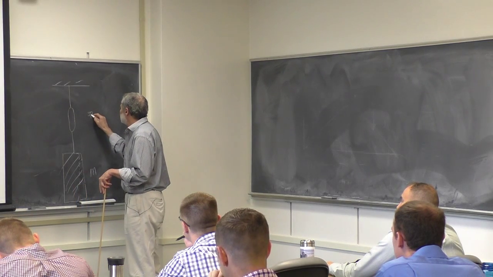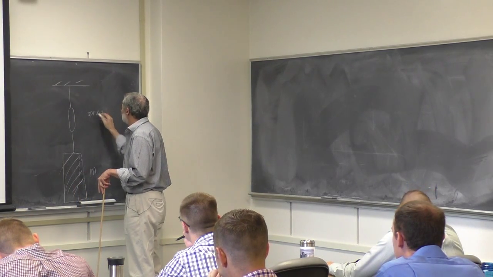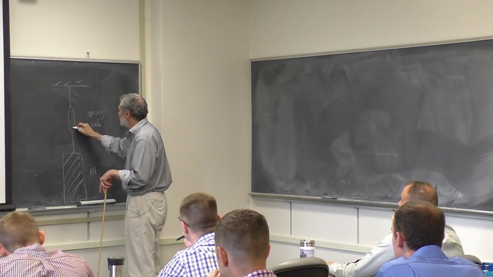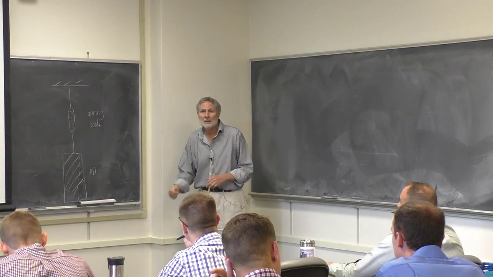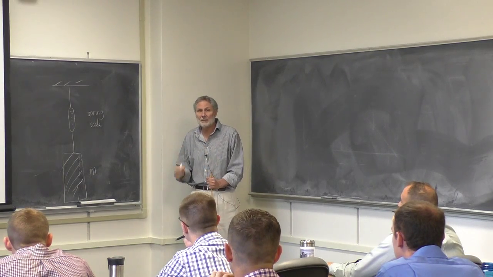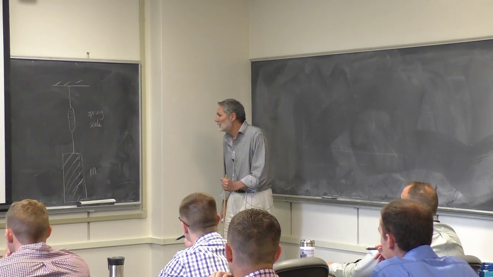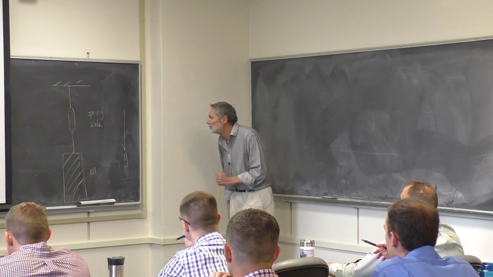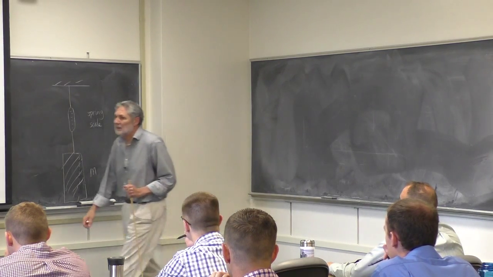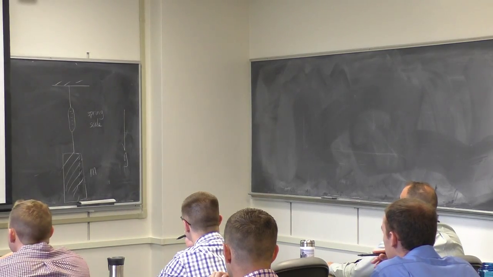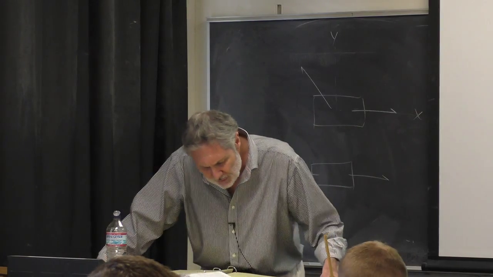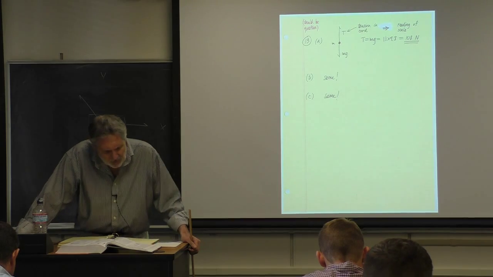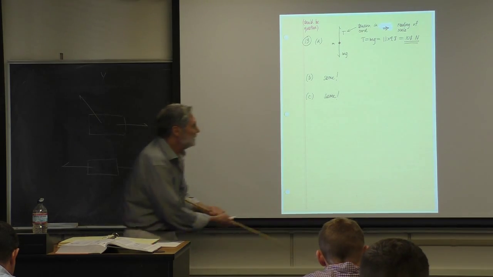This is a spring scale, calibrated in newtons, like that little one you saw when we did a demo. And we're in the gravitational field of the Earth. The first problem is, what's the tension? What is the reading on the scale? What the scale is going to read is the tension in this line here.